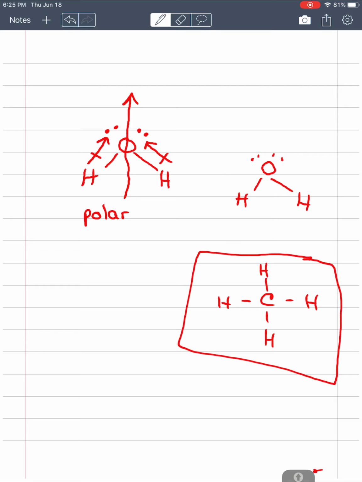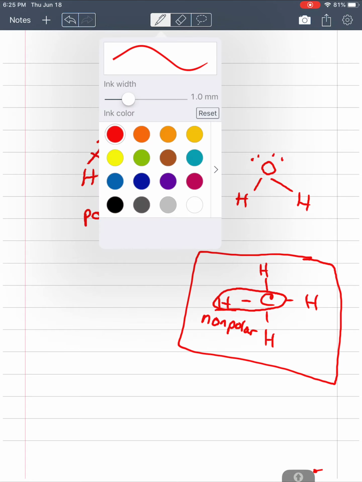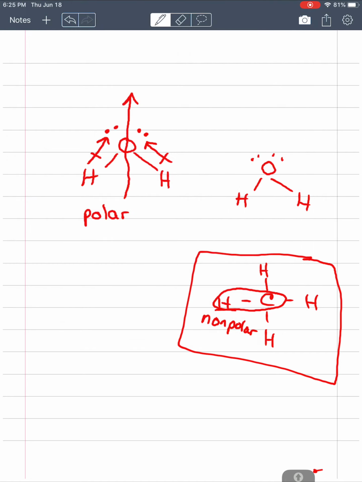This is a bad example. This is just a side note. A carbon to hydrogen bond is nonpolar. Always. So this all has carbon to hydrogen bonds, and the whole thing is nonpolar. Alright, so let's say we have another molecule. I'm going to make something up.